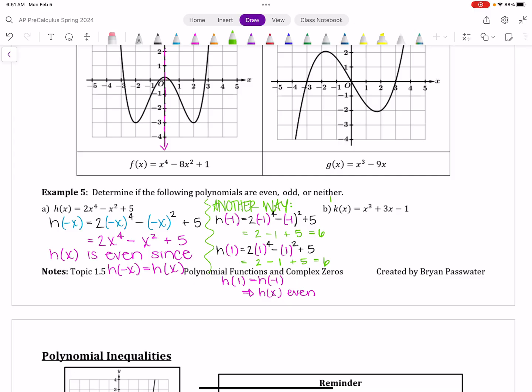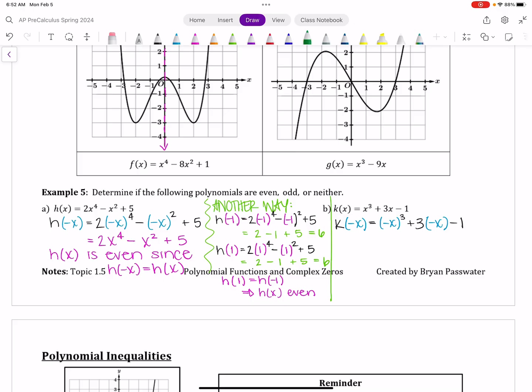So now let's take a look at k of x and determine if k of x is even or odd algebraically. So we're going to substitute in negative x and see what we get. So we have negative x cubed plus 3 times negative x minus 1.